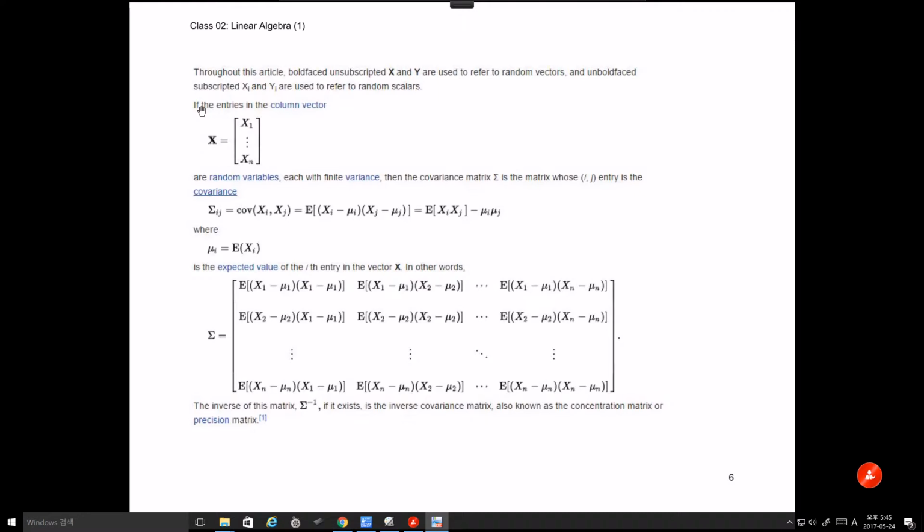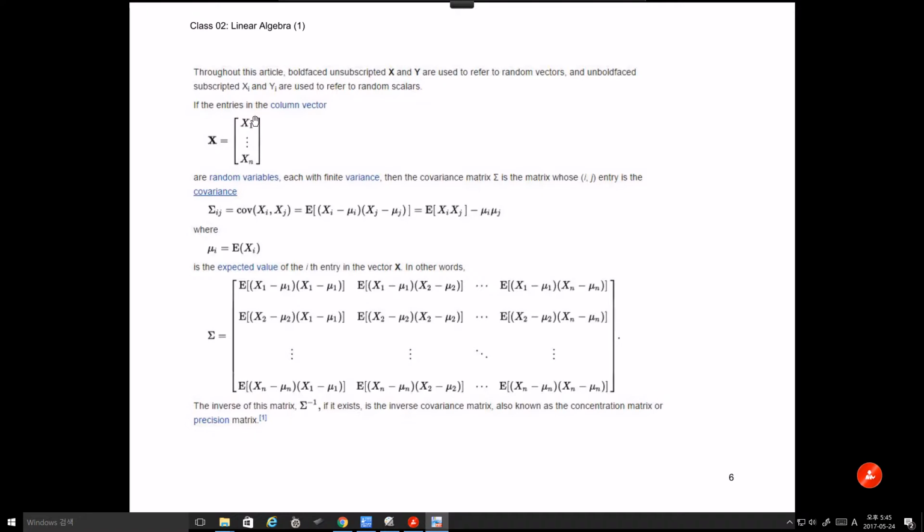If the entries in the column vector x equal x1 to xn are random variables, each with finite variance (if it is infinite, we cannot define variance, therefore we cannot define a variance matrix).